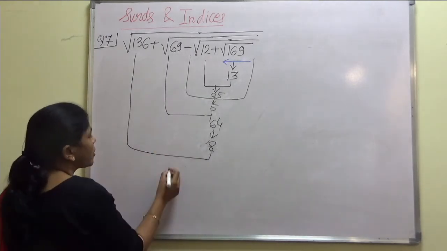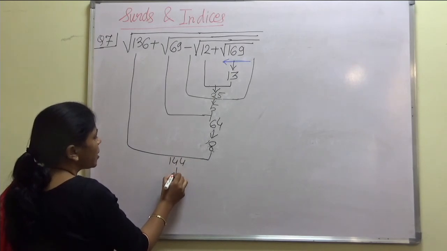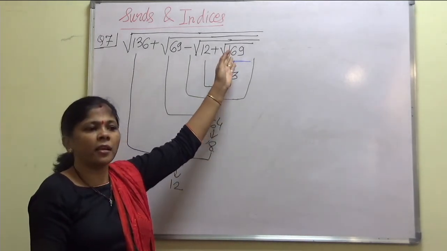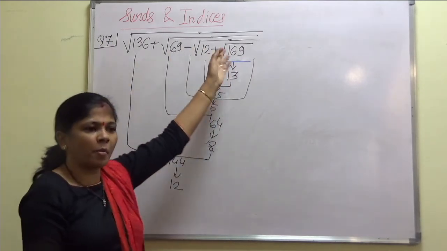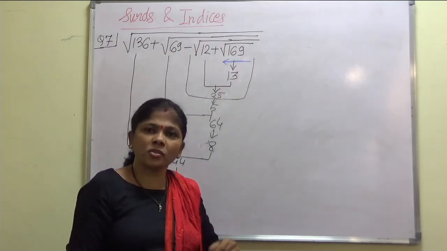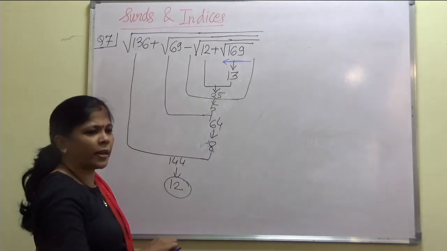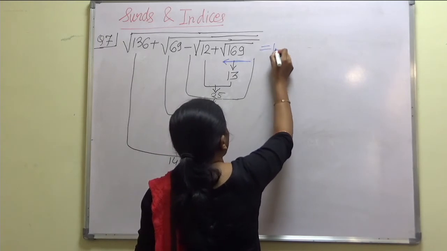And square root of 144 is nothing but 12. So in this way, starting from the right and making use of the squares of the standard perfect squares, you can get the answer. So what is the answer for this particular example? This is nothing but 12, right?